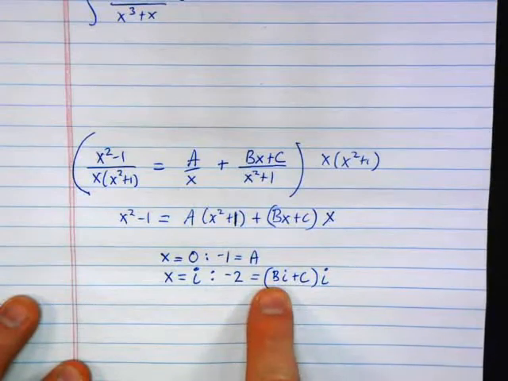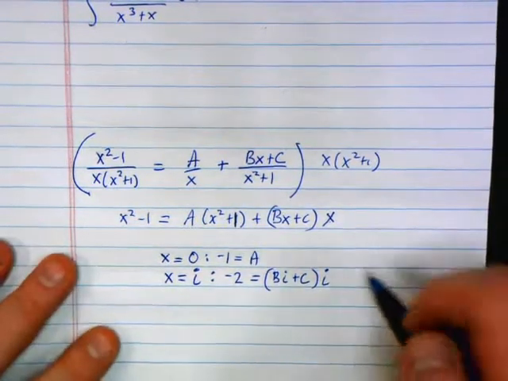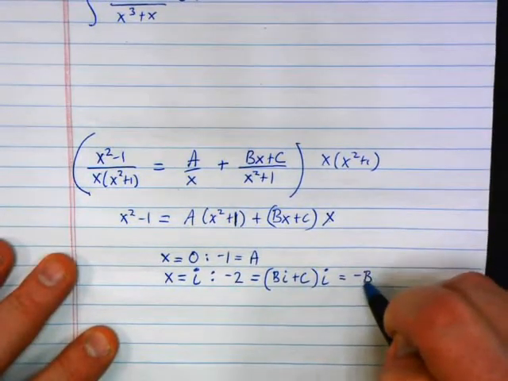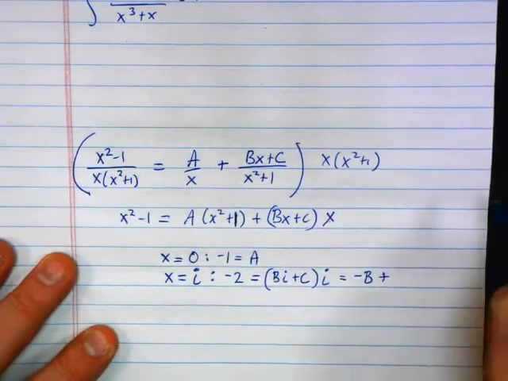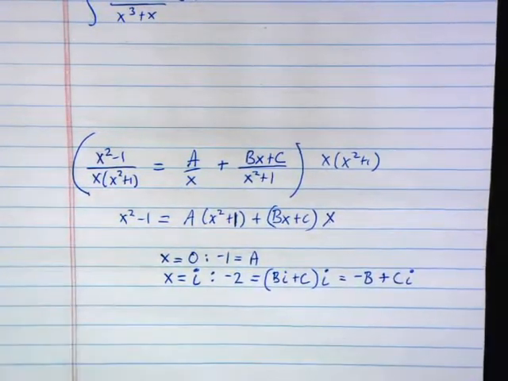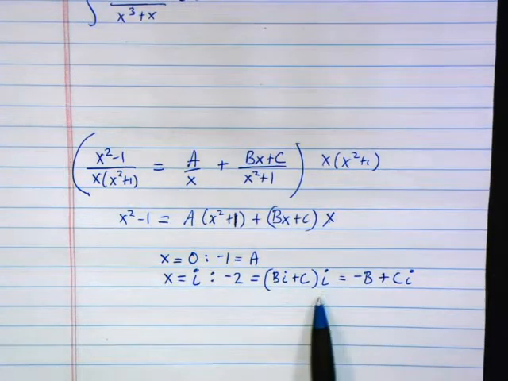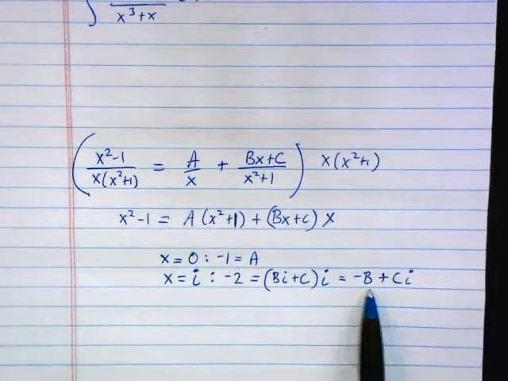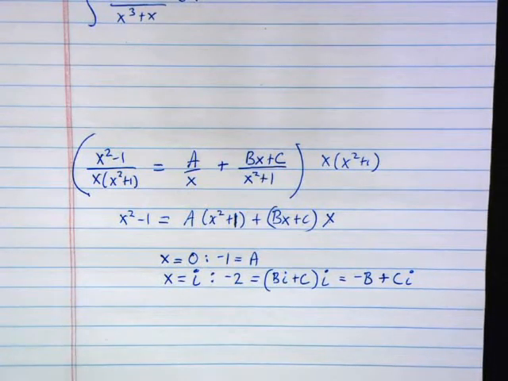Multiply the i in. No, I got to distribute. So I took the i times the bi. That gave me the negative b. And then I got to take the i times the c. Does that help?